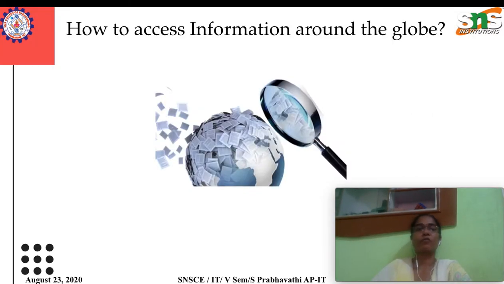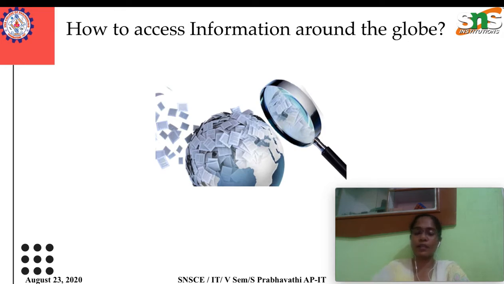What comes mainly to our thought when we think about the internet is how to access information globally. Earlier, without the internet, just think of it, what was the only choice for us to access information? By means of books, libraries, newspapers, we could access information.